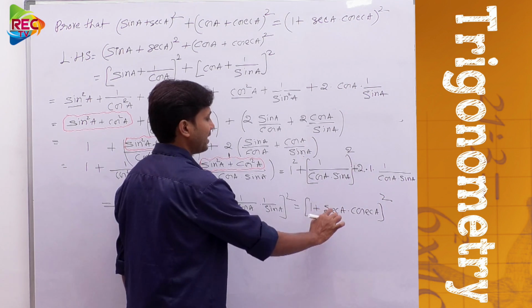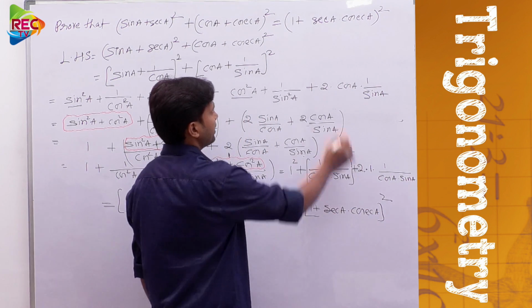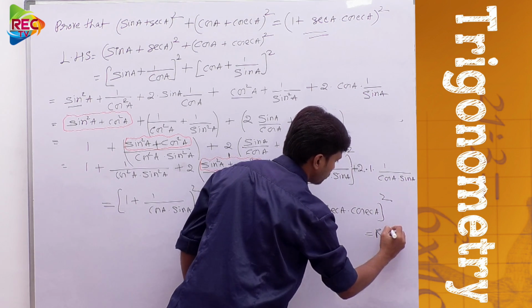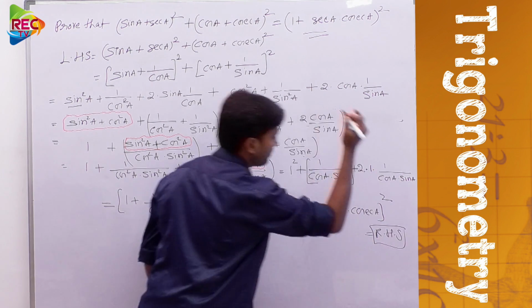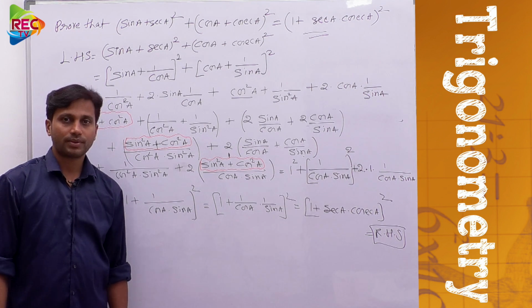Now we obtained 1 plus secant A into cosecant A whole square. I think we obtained our required answer, which is equal to RHS. So we could solve it very simply. Okay, so our problem is over.